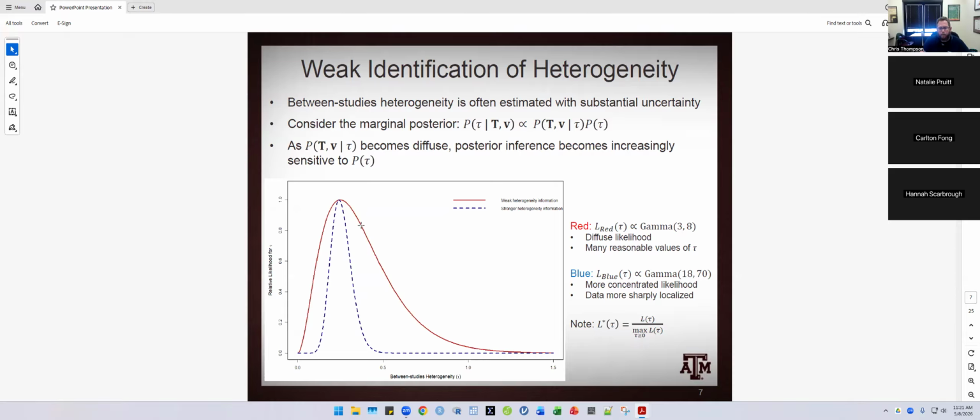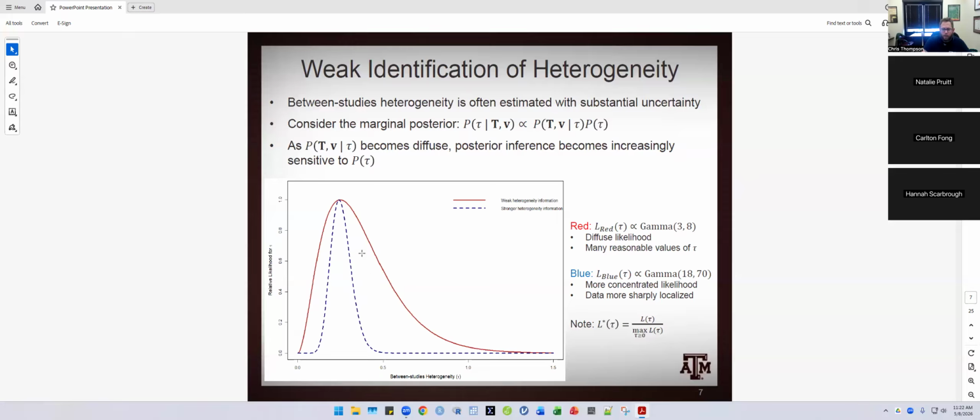One is red, it's a solid line, and this is created from a gamma 3/8 distribution. And this is more of where you would have weaker information collectively on what tau is. And then the blue dashed line is from a gamma 18/70, or not the year 1870, but alpha equals 18 and beta equals 70.